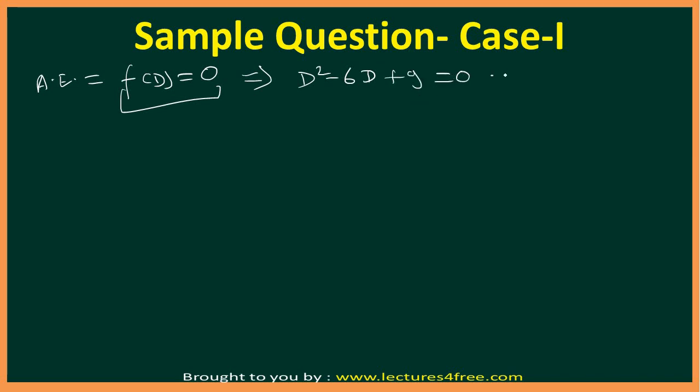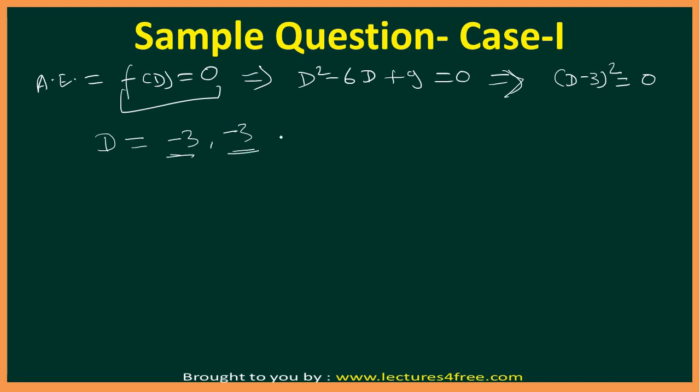You can write it as D minus 3 whole square equal to 0. Here you will get the roots of this equation, D is equal to 3, and since it is a square term, you will get 3 and 3. You will get two roots, and those two roots are equal.